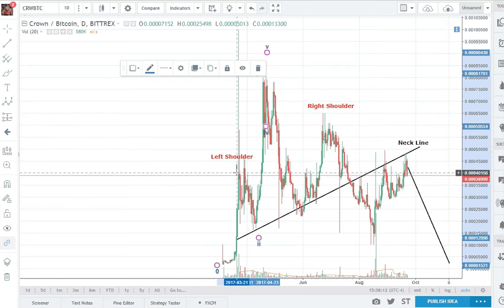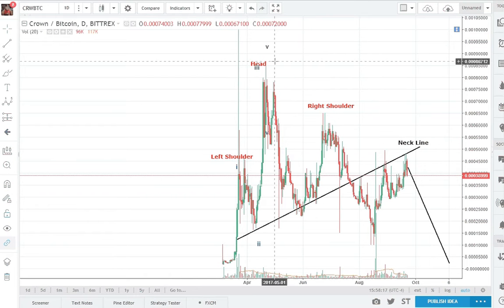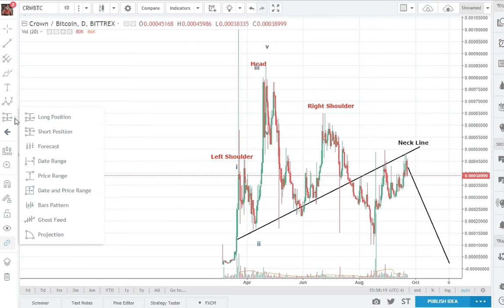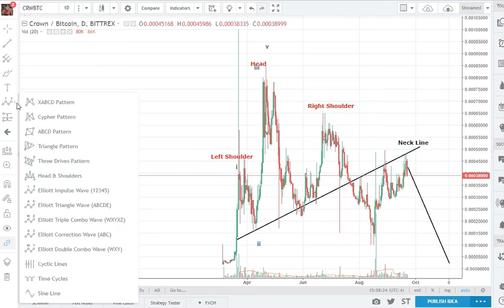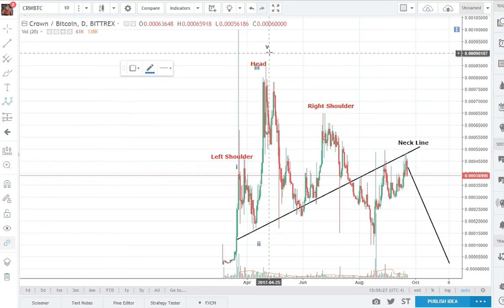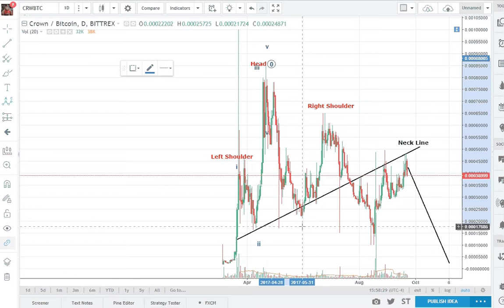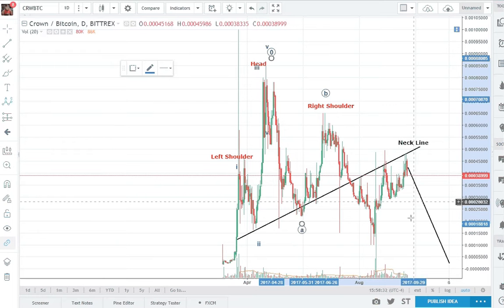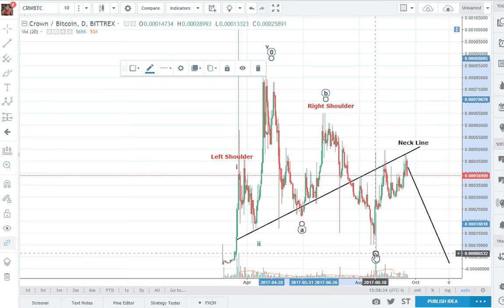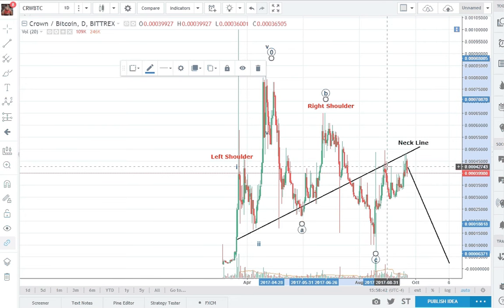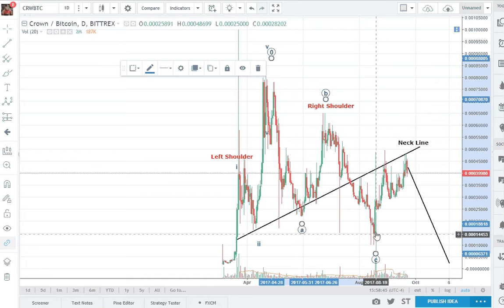I would make this 1. If this is the 5 waves, then we are looking at an ABC. A, B, C. So is this the bottom of the correction? This is too much of a three-wave-ish, very similar to Bitcoin. It doesn't look impulsive enough.